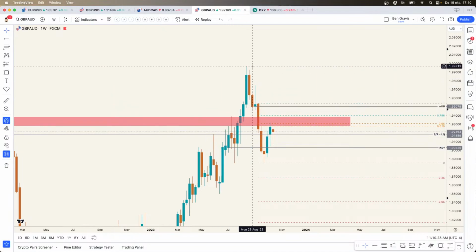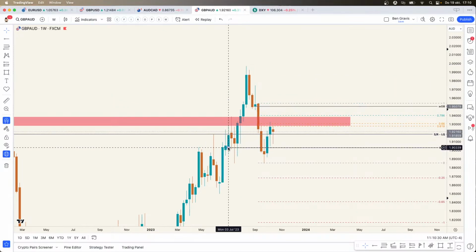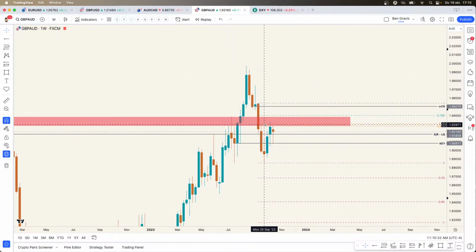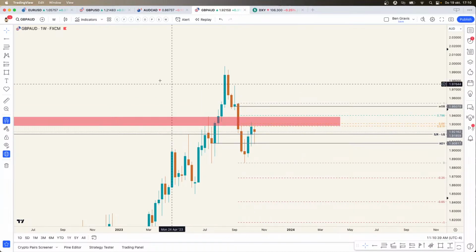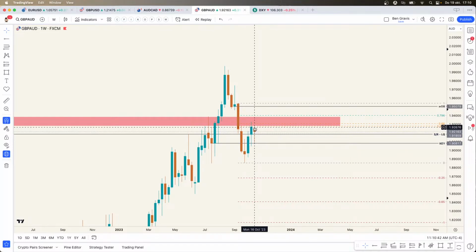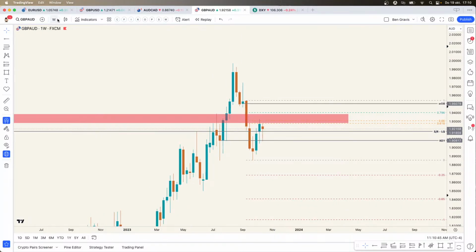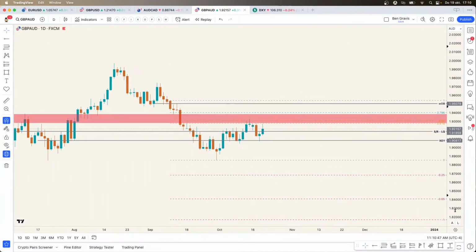having the left shoulder here, the break over here, within the fair value gap here, the weekly slowdown, so it's trying to slow down, but the weekly currently is still moving higher.